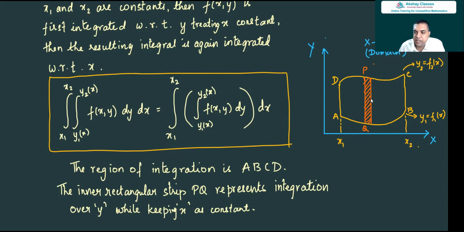So x doesn't change. So this PQ strip is actually a very, very thin strip. We have drawn it thick, but it will just be like a very thin line.